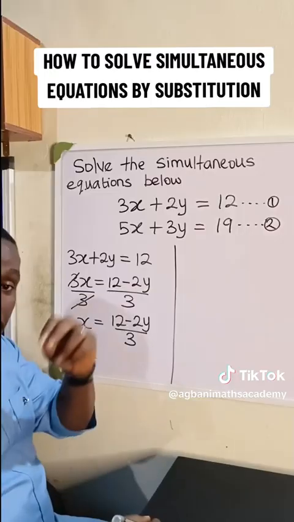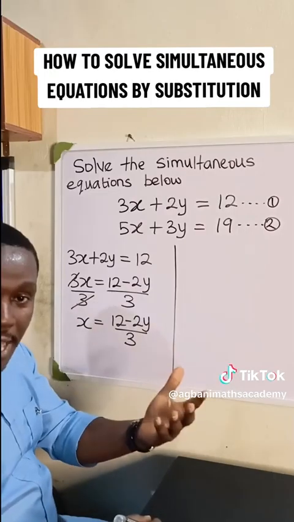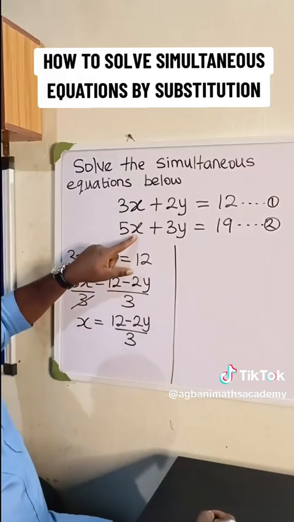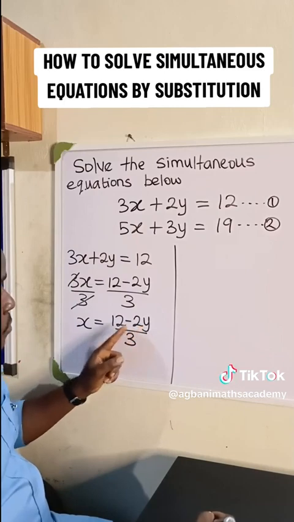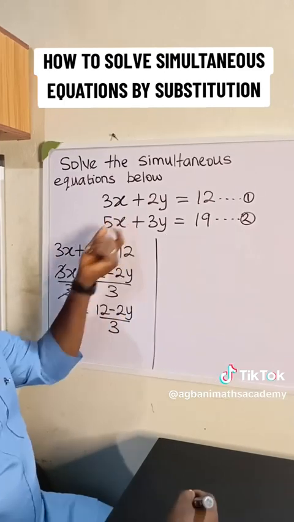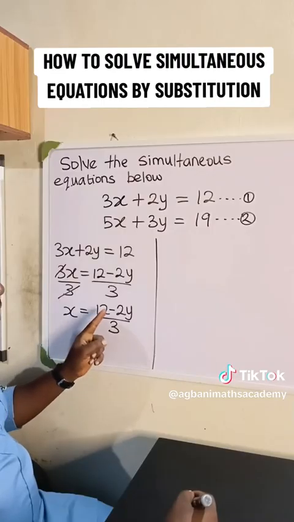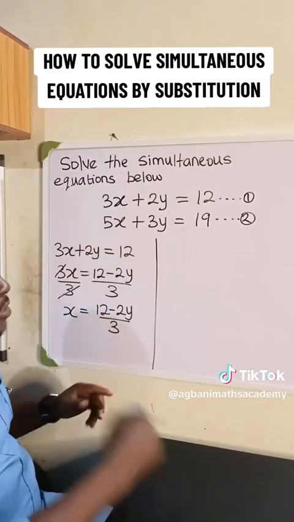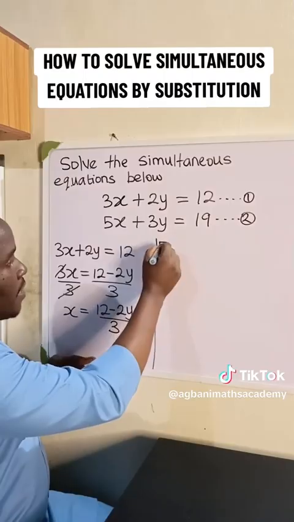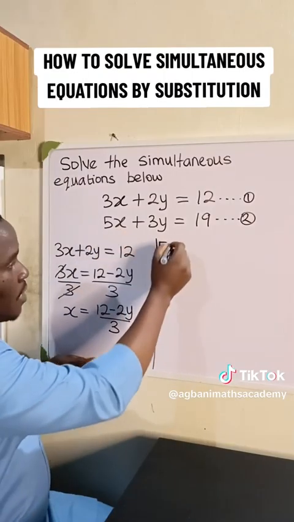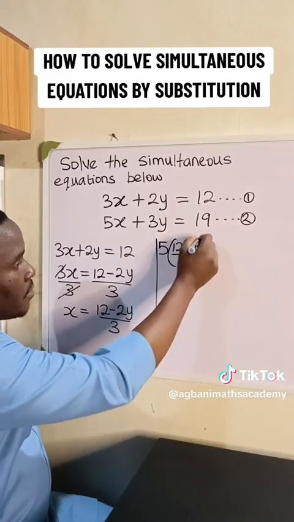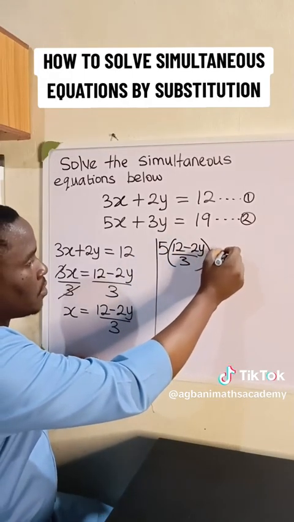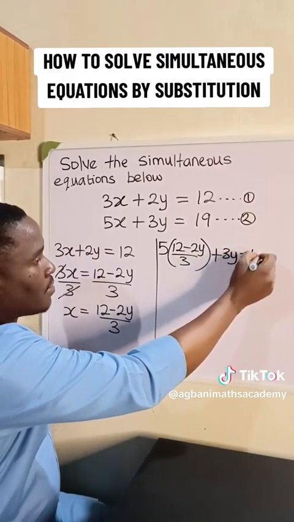Substitution means replacing one value with an equivalent value. So here we have x. Since x is equal to 12 minus 2y all over 3, we can take out x and replace it with 12 minus 2y all over 3. So let's do that. We have 5, instead of having x, we are going to have 12 minus 2y all over 3 plus 3y is equal to 19.